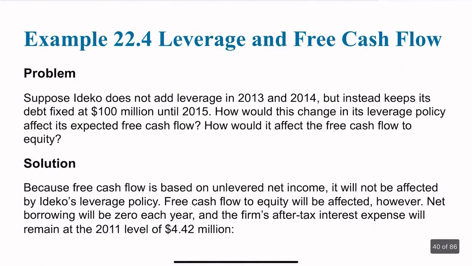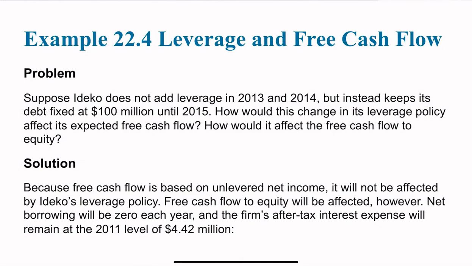Okay, now let's see this example here. Suppose Idaho does not have leverage in 2013 and 2014, but instead keeps its debt fixed at $100 million until 2015.